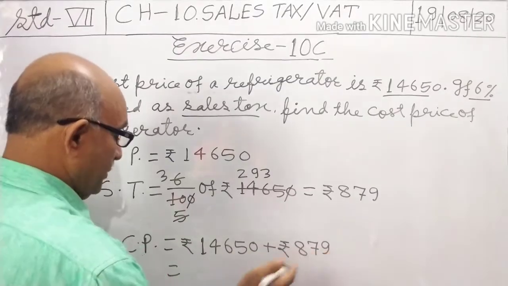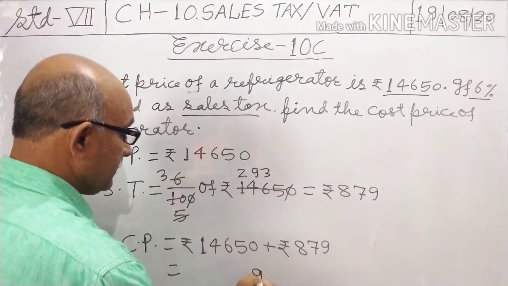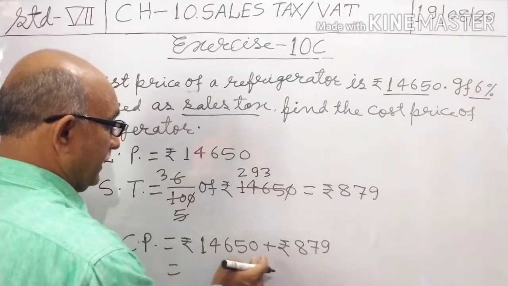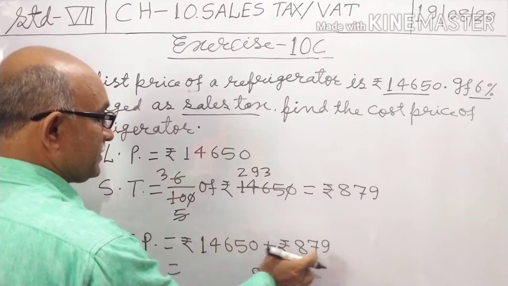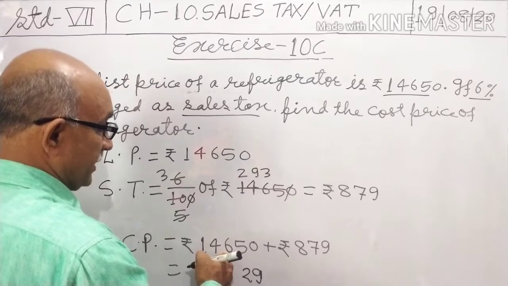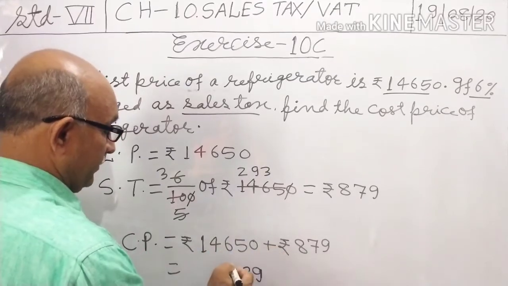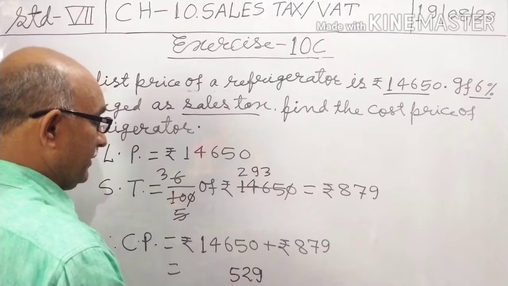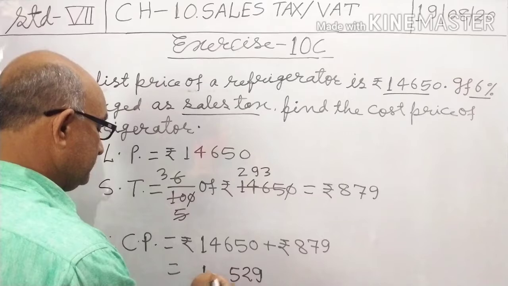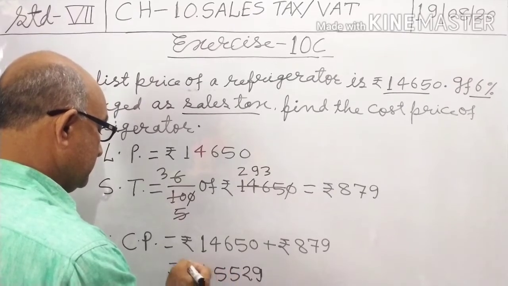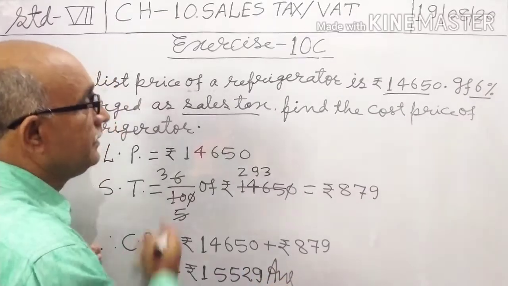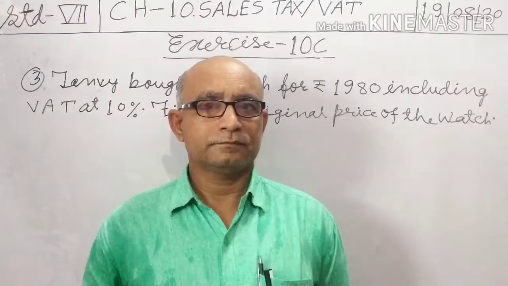Add it: 0 plus 9, 9. 5 plus 7 is 12, write 2 carry 1. 6 plus 1 is 7. 7 plus 8 is 15, write 5 carry 1. 4 plus 1 is 5. Rupees 15,529 is the answer. Understand and write it.